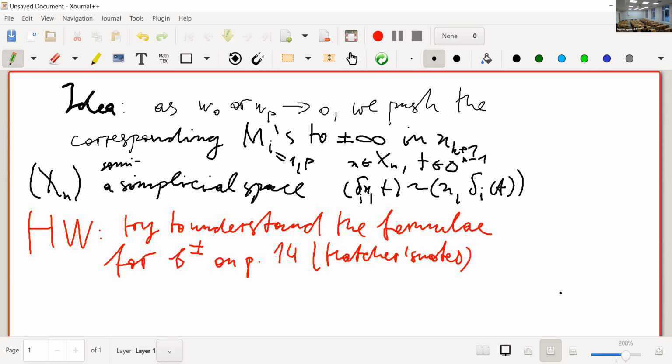We get rid of the extra components which we shouldn't have at the limit by pushing them to plus or minus infinity, and by the way, if there are several components that correspond to W's that go to 0, we should push them all to plus or minus infinity, depending on the situation.